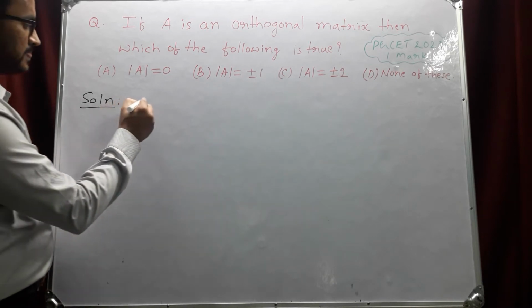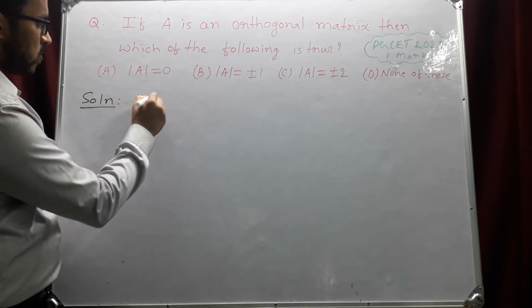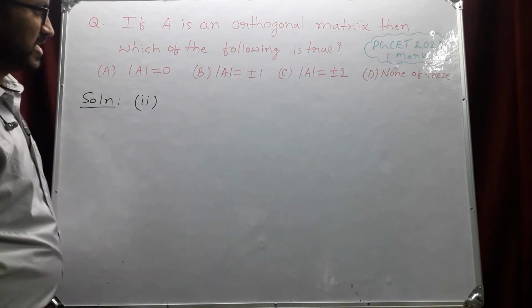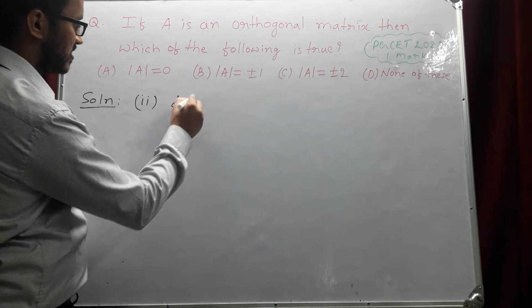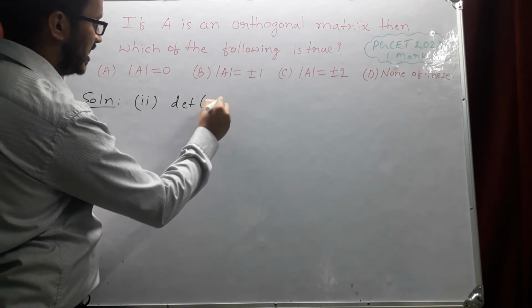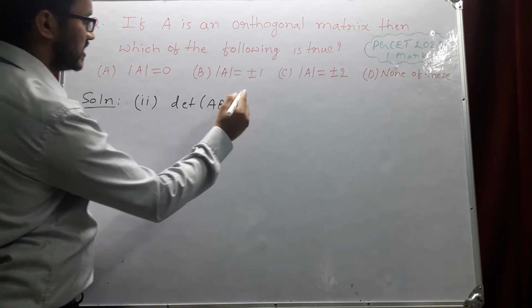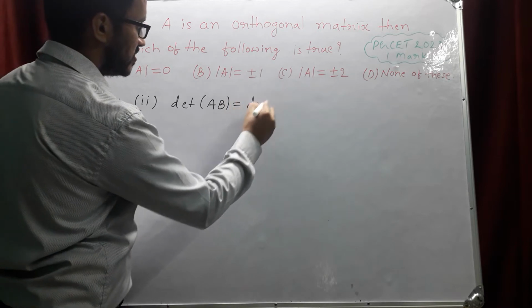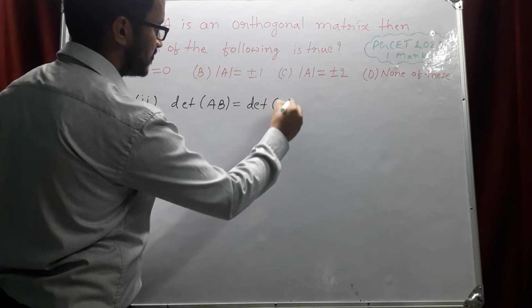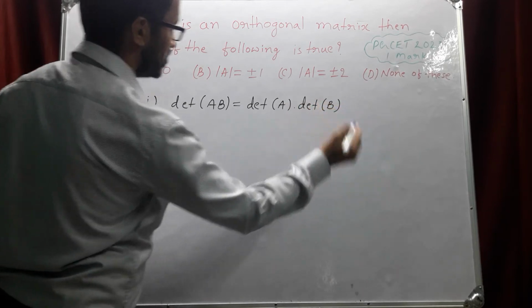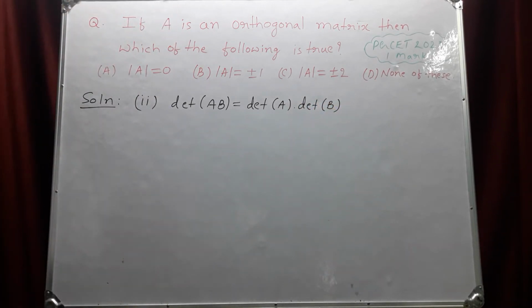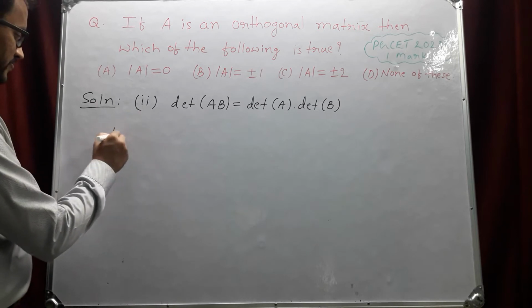Second property: for any two square matrices A and B of the same order, determinant of A into B is equal to determinant of A into determinant of B. Again I will give one example.